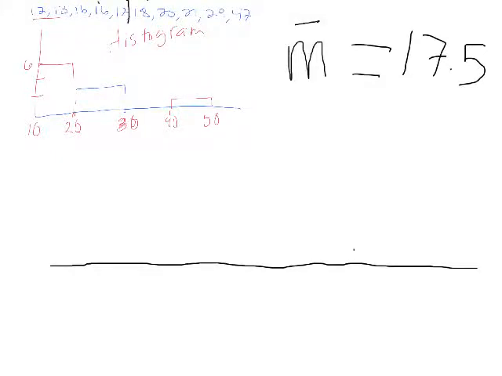So 2.5, and so the Q1 would be 16. Q3 is 21. Q1 is 16, and Q3 is 21.